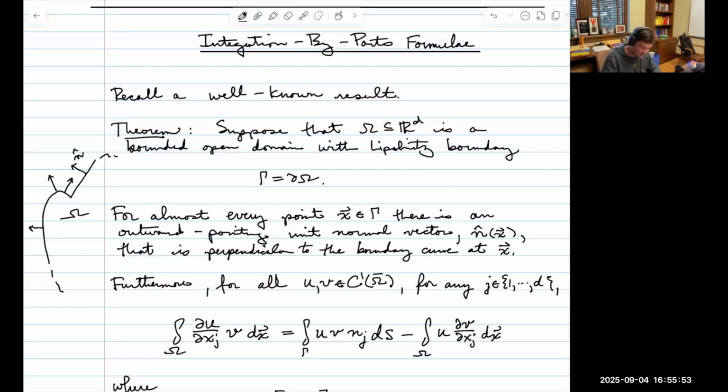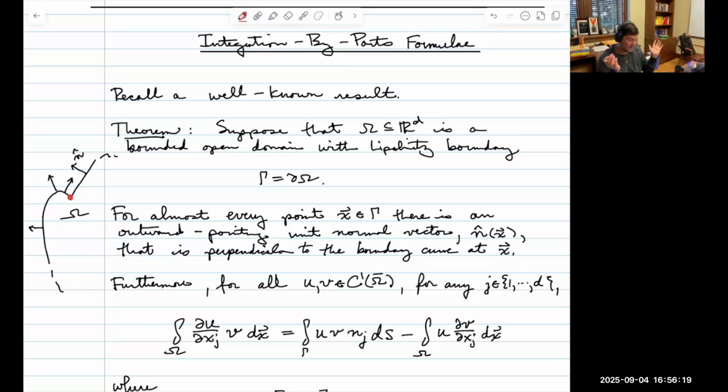So precisely where do we have problems? We have a problem right here where the boundary fails to be smooth. At that point, we don't have an outward pointing unit normal. What unit vector can I ascribe to that point such that it's going to be perpendicular to the boundary curve at that point?